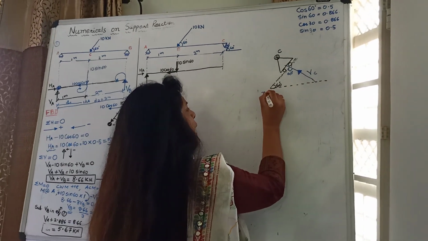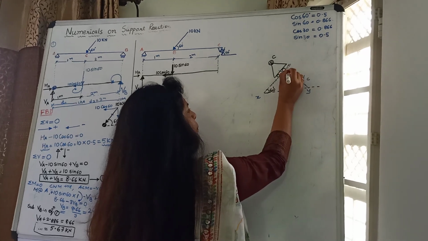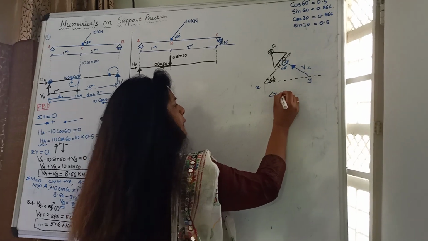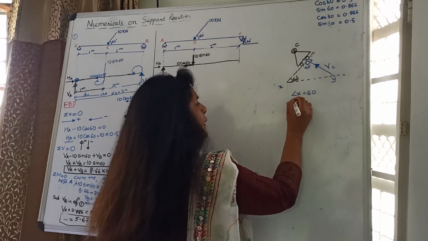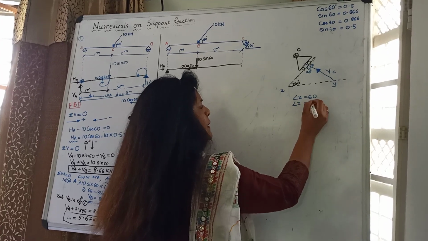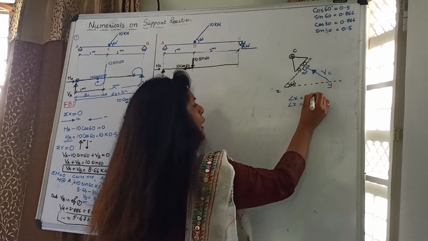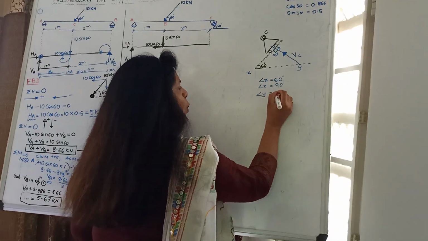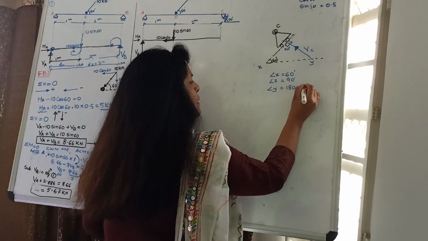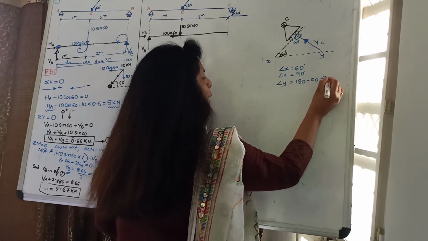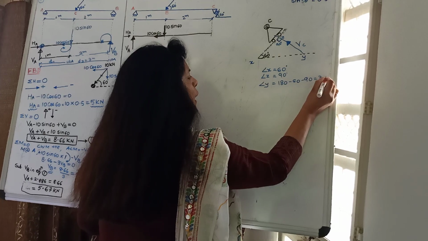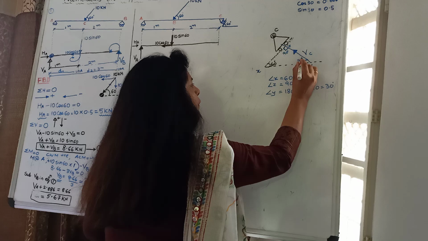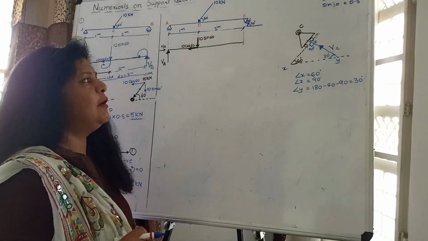Suppose I name the triangle vertices X, Y and Z. Angle X is 60 degrees, and angle Z is 90 degrees. What is the total angle of a triangle? 180. So angle Y is 180 minus 60 minus 90, which comes out to be 30 degrees.